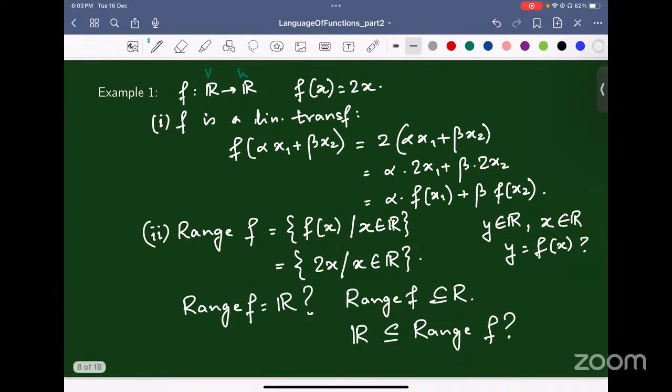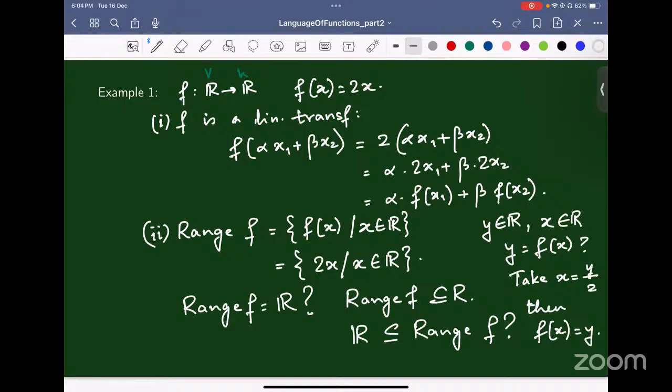But is this true? Yes, because given a y, I can take x to be half of y. In that case, f of x is twice y by 2, and hence y.